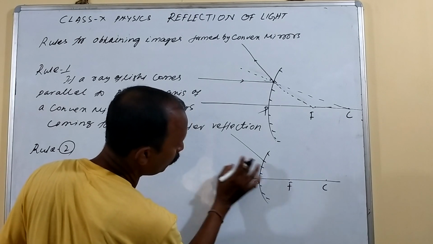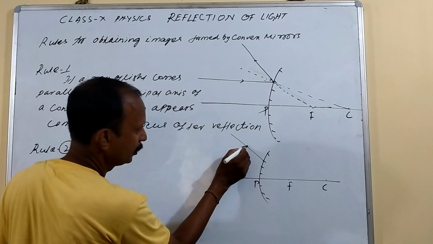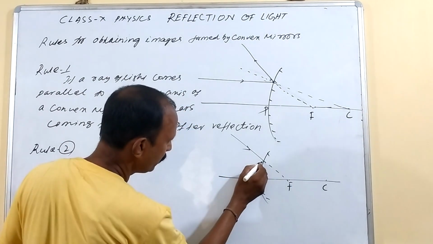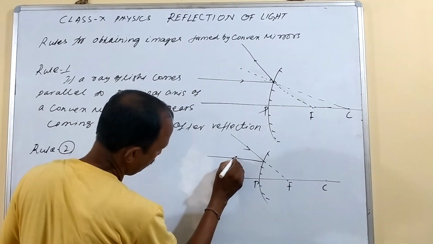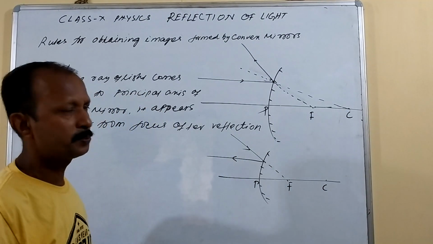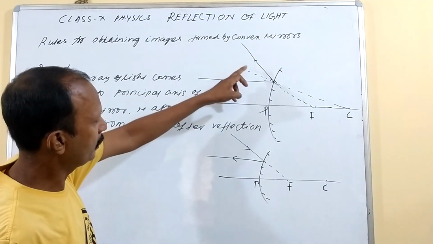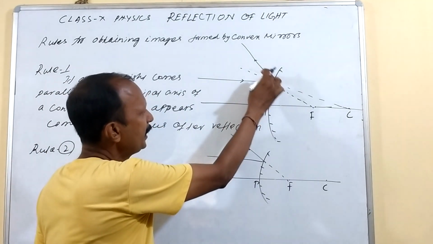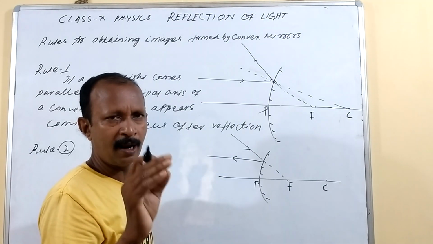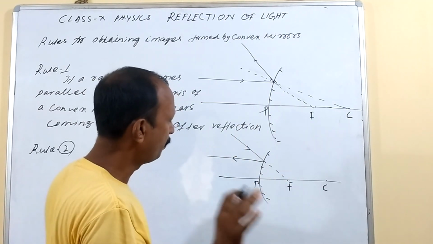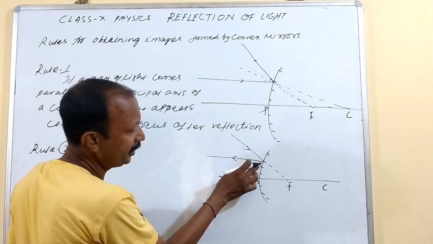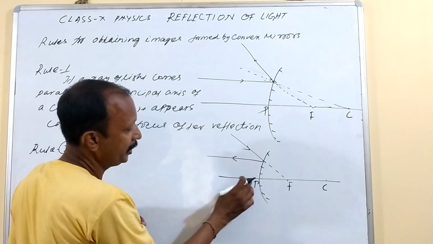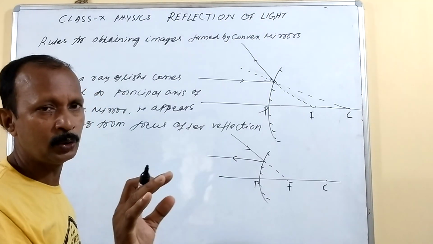Listen here. In the previous case it came parallel to the principal axis and reflected in such a manner that it appears to come from the focus. But this ray is coming towards the focus, so after reflection it will move parallel to the principal axis.